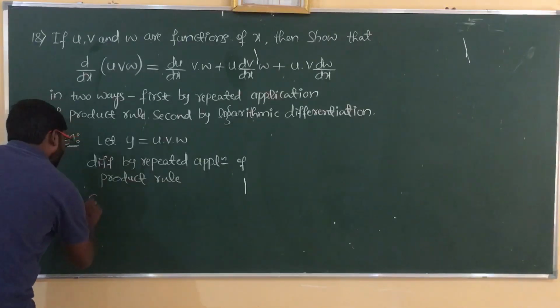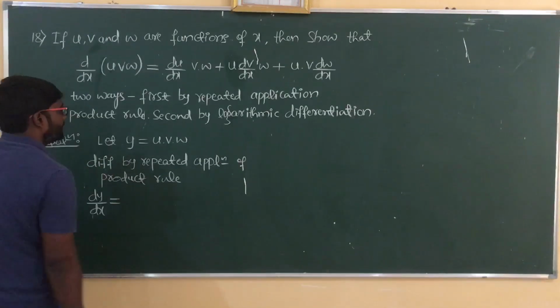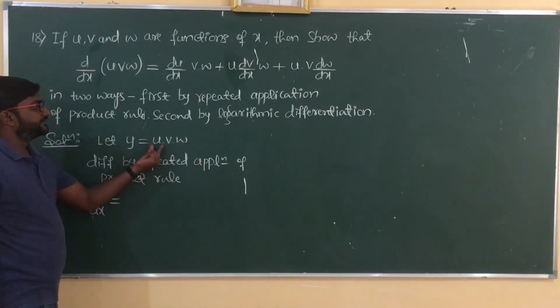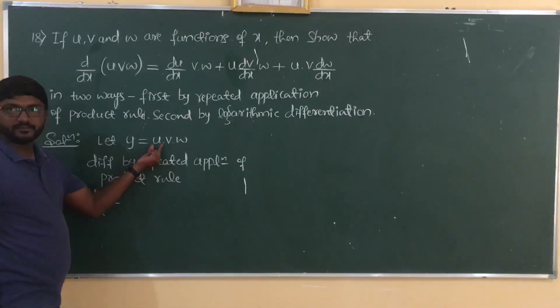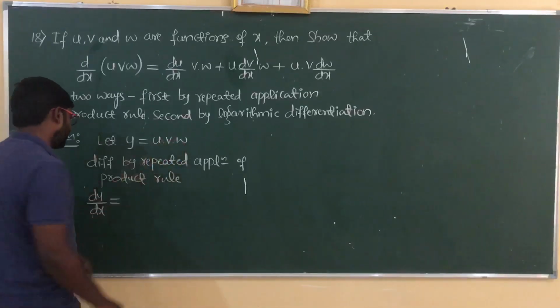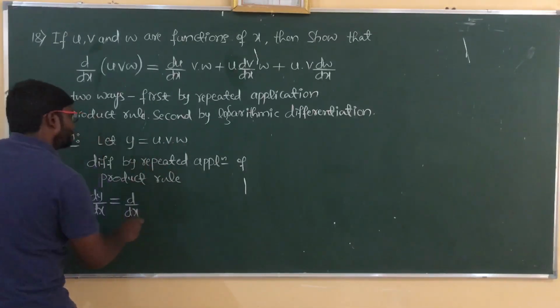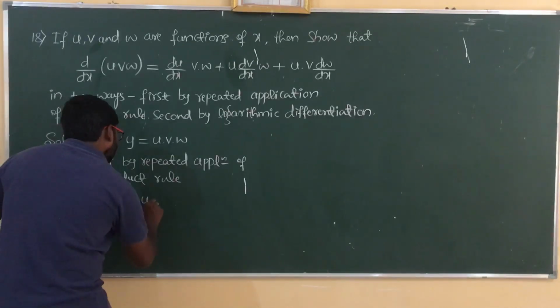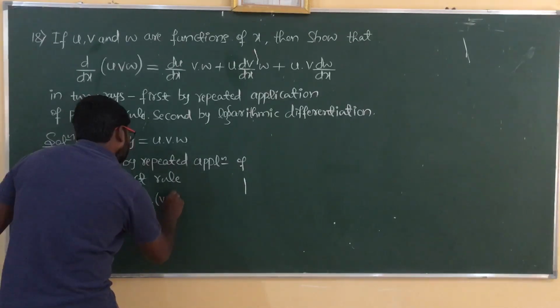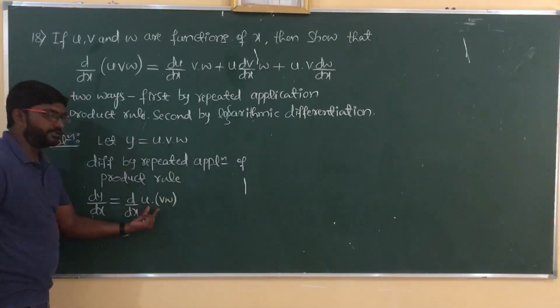dy by dx, which is equal to, so now see here, now I consider u as the first term and vw as the second term. So here d by dx of u into vw.